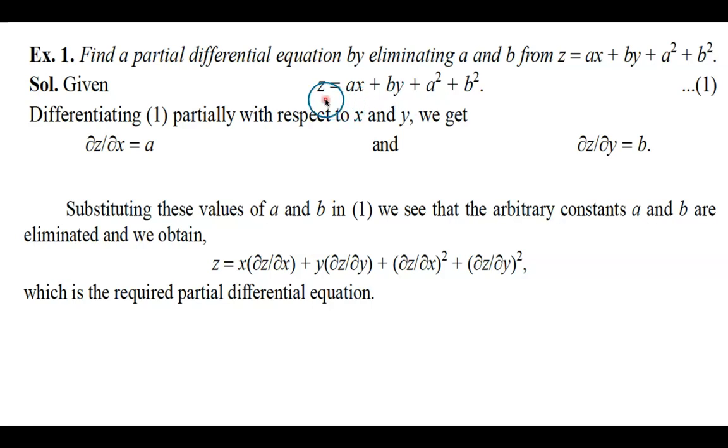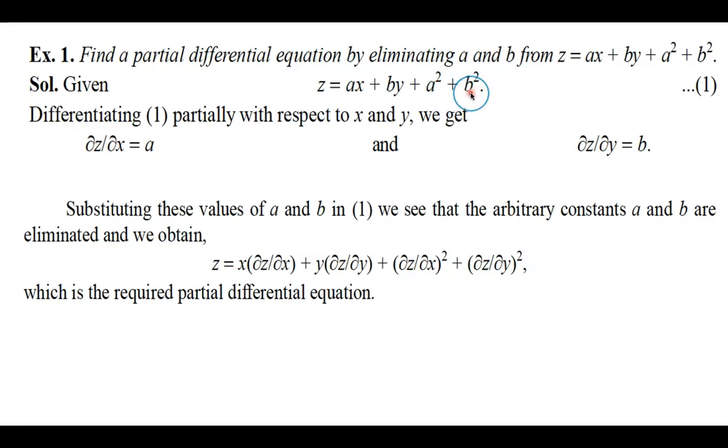First, then we get ∂z/∂x, that is the partial derivative of the LHS with respect to x. ∂z/∂x is equal to the derivative of ax with respect to x, which is a, and when we differentiate this relation partially with respect to x, we will be treating y as a constant, so that by is regarded as a constant here, whose derivative will be 0. a² is an arbitrary constant whose derivative is equal to 0.